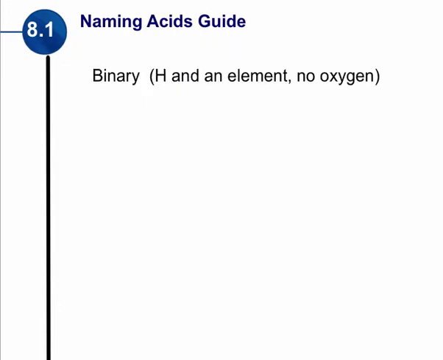We can combine this all together in this little guide to naming acids. Again, the two types. First type is binary if it's hydrogen and an element, or another way you can think about it, there's no oxygen. Our naming convention is we lose the ide, we put a hydro in the front, and we put an ic on the end.